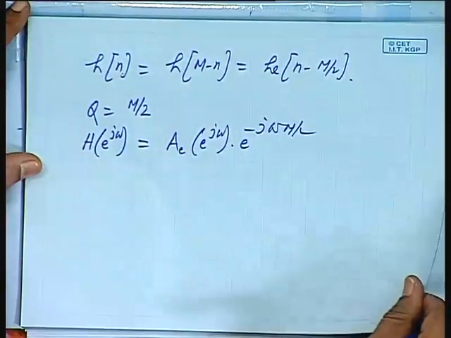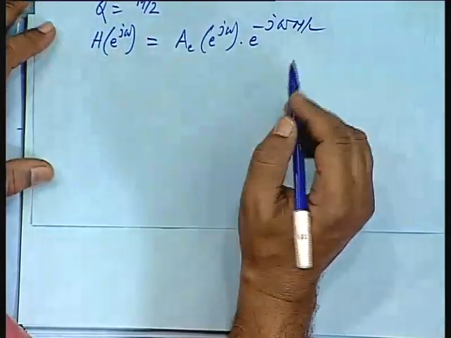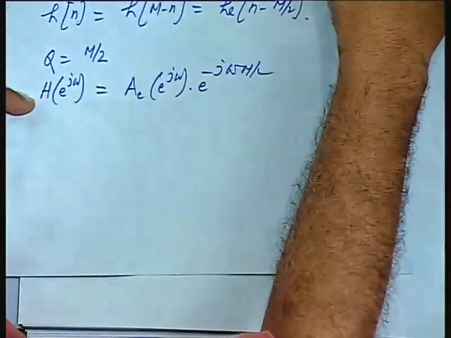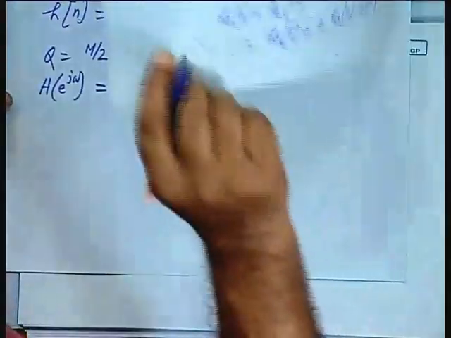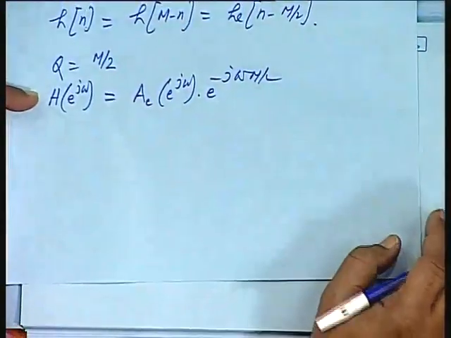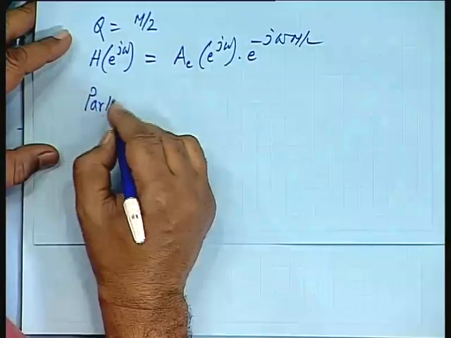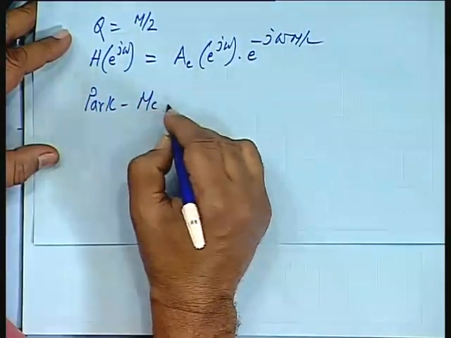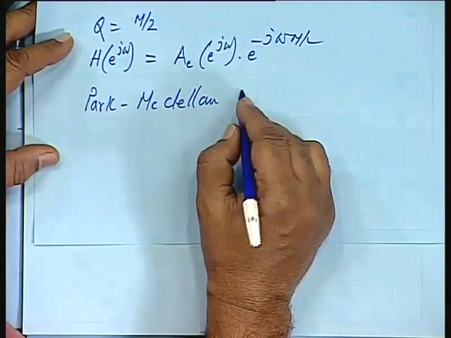Now, we will take up this particular structure of the function to represent the magnitude function in terms of a polynomial in omega. This algorithm that we are going to discuss is known as the Parks-McClellan algorithm.